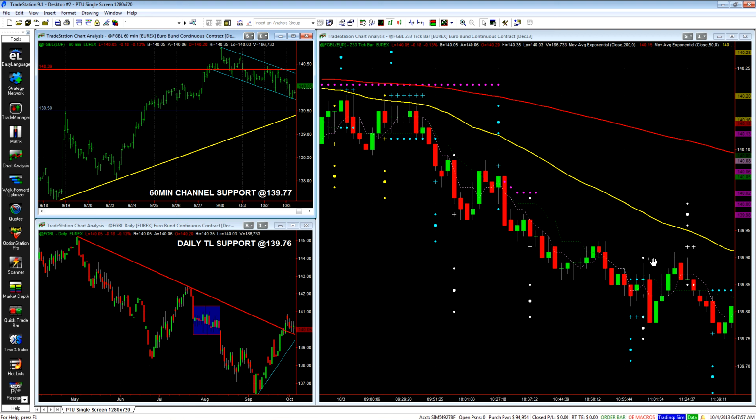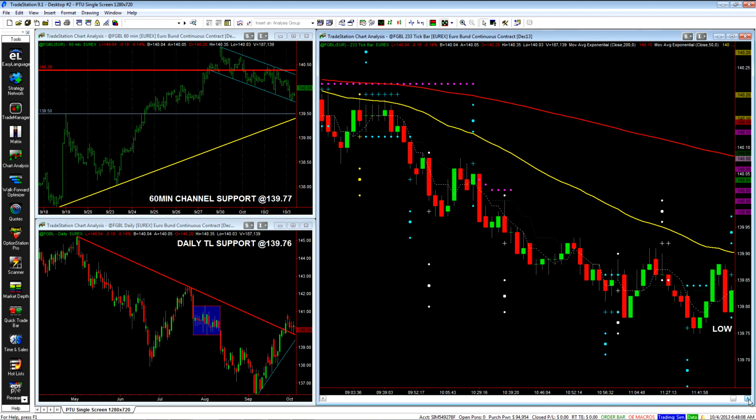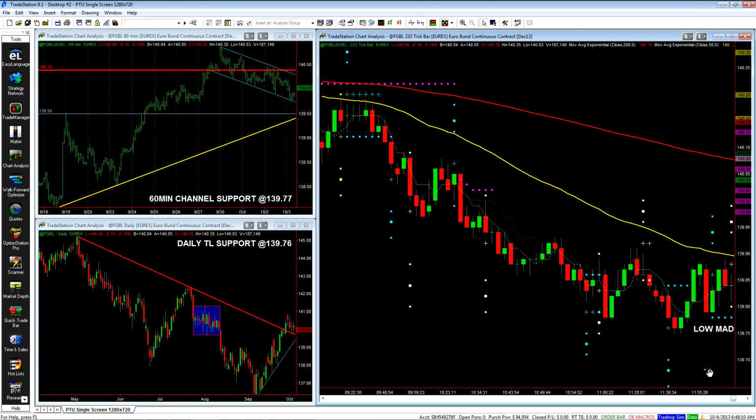And what happened was that we did get a signal short. Wouldn't have taken that. That was actually at 76. And if I can just scroll a little bit further, you can see that the low was made at 75. So what we have here is the first legitimate long setup.